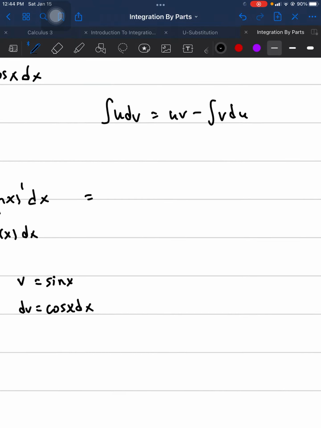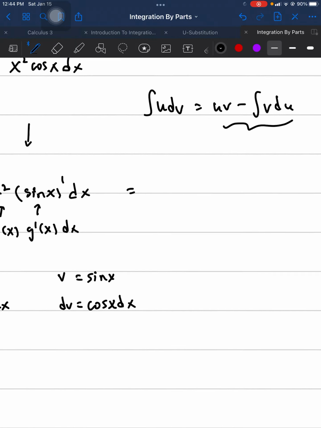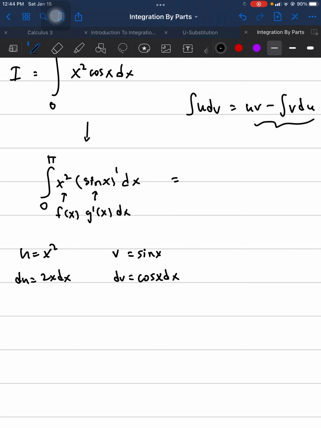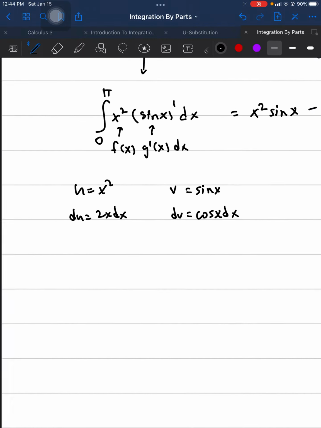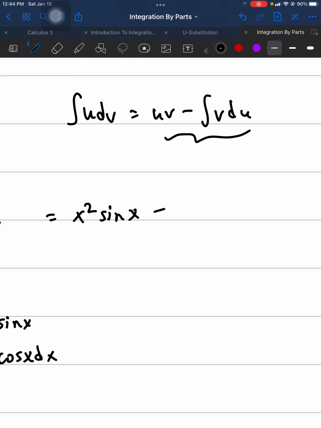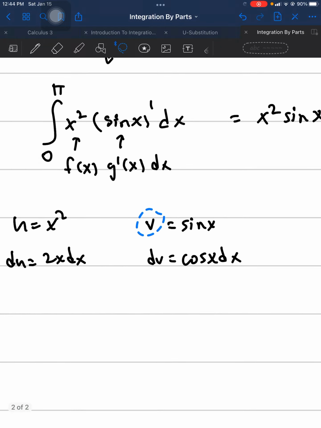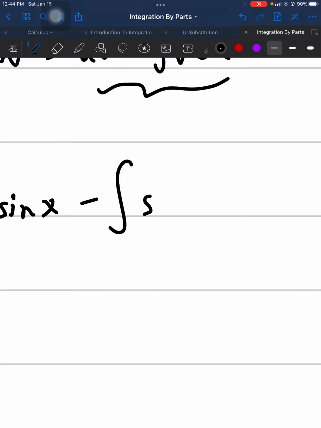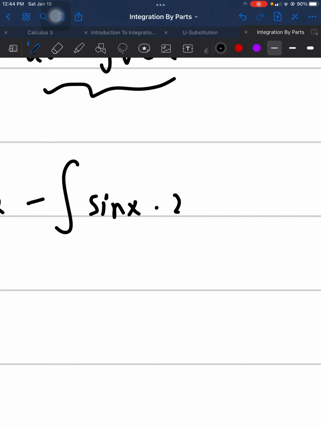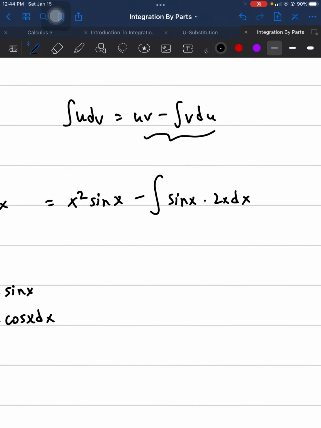Now we can just plug into the formula. u times v is going to be x squared times sine x, minus the integral of v du. We have v right here and du right here, so it's the integral of sine x times 2x dx.